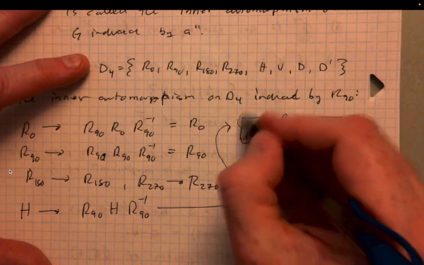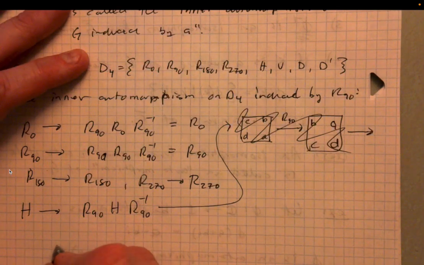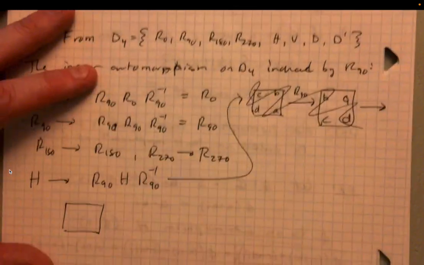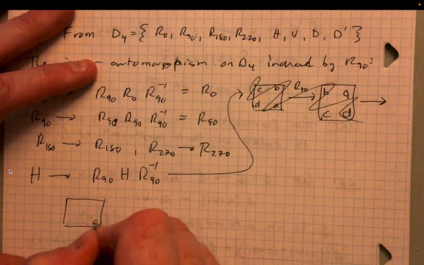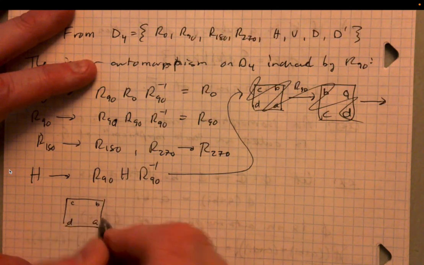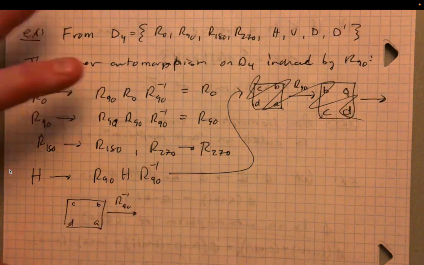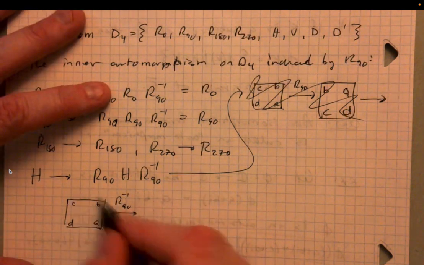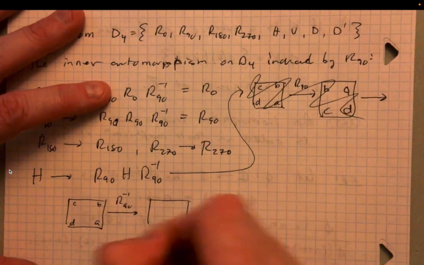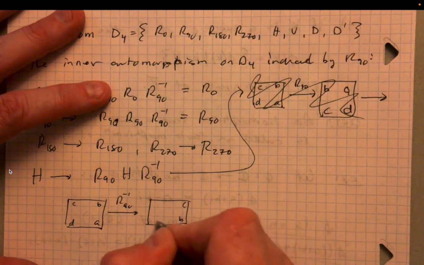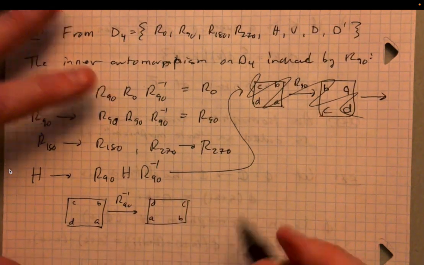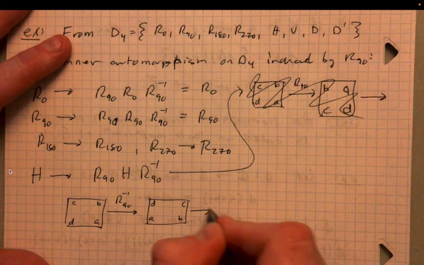Actually, I need to do this in the right order. I apologize. So if I start with my A, B, C, D, right? And then I do R90 inverse. That means we're going this direction, right? So that gets me C, B, A, D. Okay, then I'm going to do a horizontal flip.